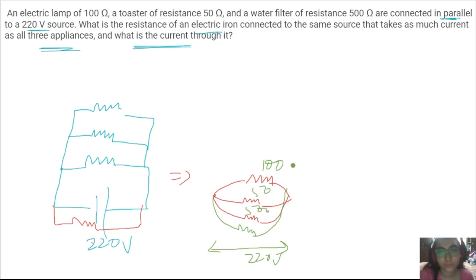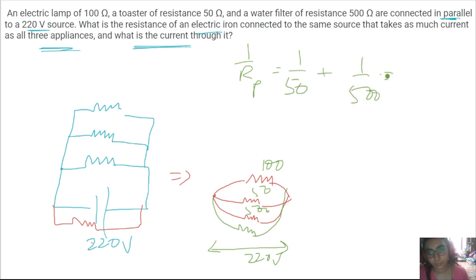So first we have to calculate the total parallel resistance. So how do we do that? Okay, yeah. So 1 by Rp, I'll just directly write, 1 by 100 plus 1 by 50 plus 1 by 500.